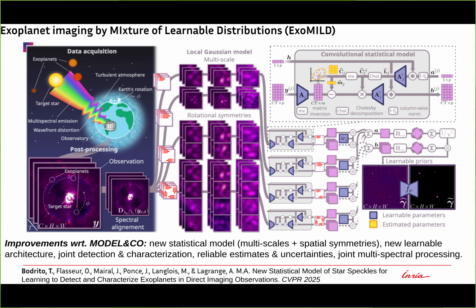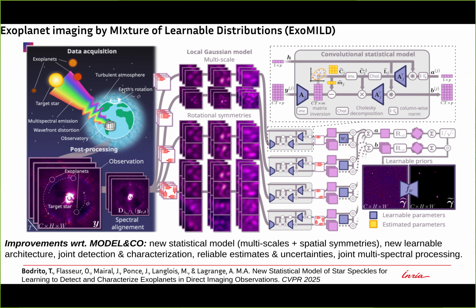So here we try to combine both, to have a learnable model that can be trained at scale, but still maintain the interpretability of statistical models that allows to minimize some objective or some likelihood to fine-tune the position of an exoplanet. So it will be maybe a bit clearer later.